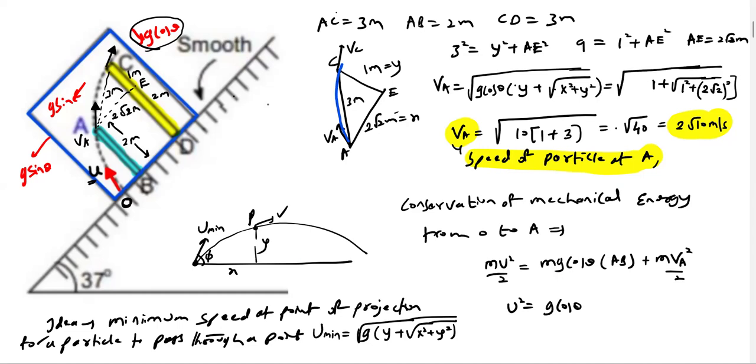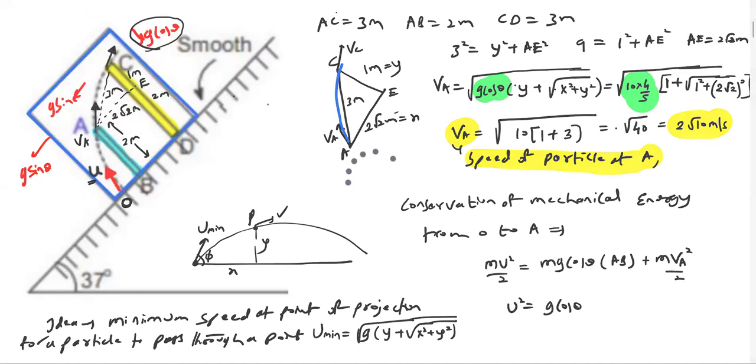Let me redo this part. Okay, what is cos theta? Once again, I think I forgot this cos theta. Let me include it here.